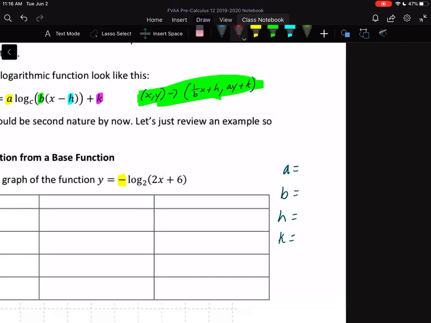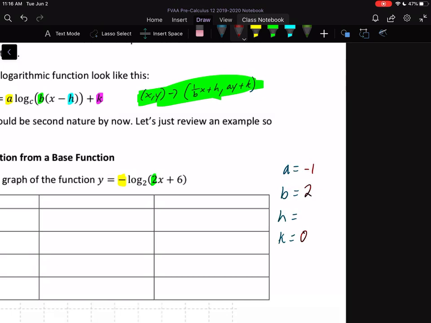So that's negative 1. The b value is 2. This is where it gets a little bit tricky. The h value. I don't have a k value, so the k value I can write in right away is 0. There is no k value.